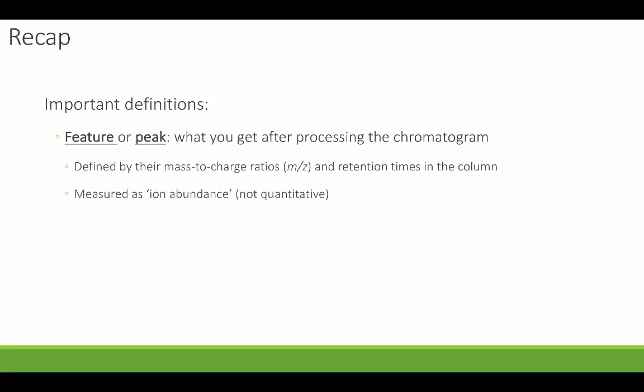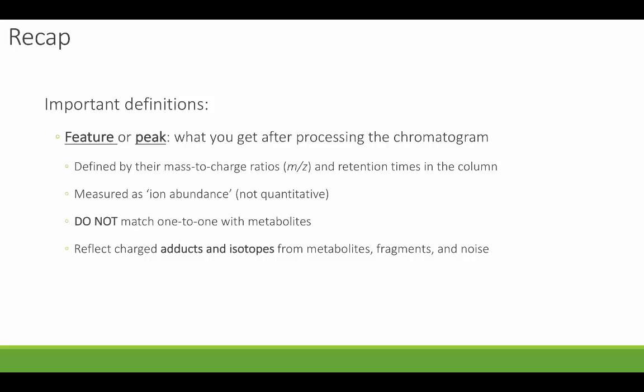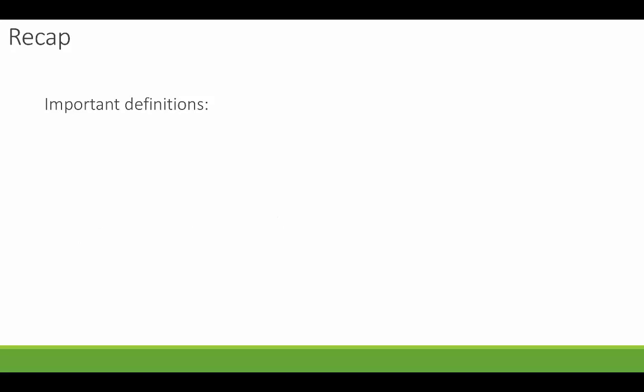They're detected or measured as ion abundances. As we went over, they don't match one-to-one with metabolites. So metabolites may be reflected by several different features or peaks that are different adducts and isotopes from the metabolites, in addition to there may be also fragments in there and noise.